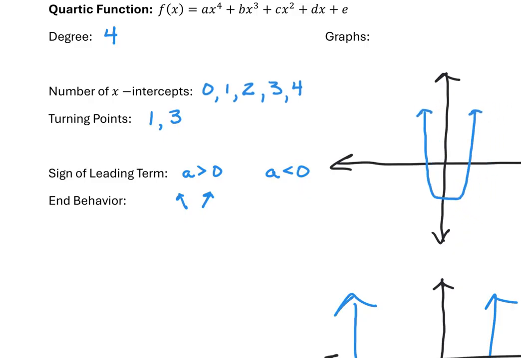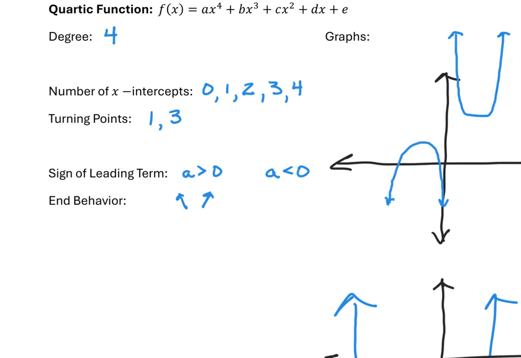So if we flip our entire picture, it won't let me, but we could go ahead and draw this to where it opens down.